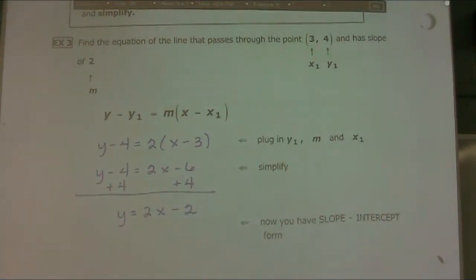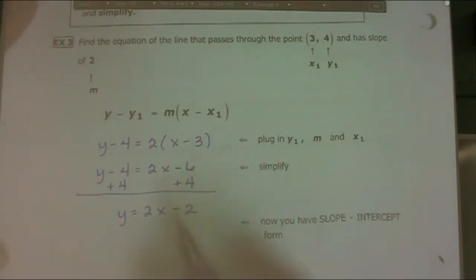I happen to have my equation in slope-intercept form, but most of the time I'm going to tell you put it in standard form. So let's go ahead and do that. My x's need to be on the other side, so subtract 2x on both sides. And I have negative 2x plus y equals negative 2.